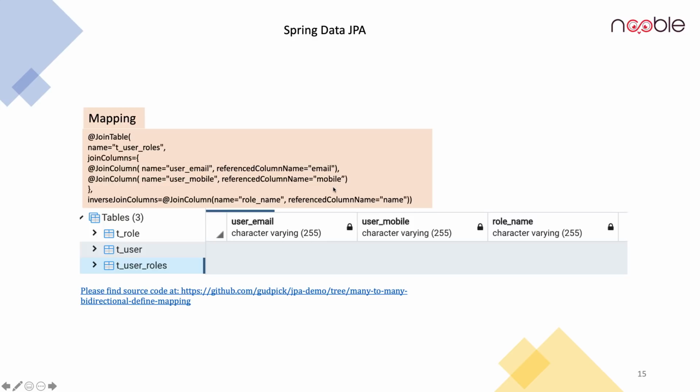Now going to the other side of the relation, that is inverse join column, we are taking the name. The reference column is name from the role entity and giving the name as role_name. When we create it, you are going to get something like this. You'll get the same thing in the Postgres database.